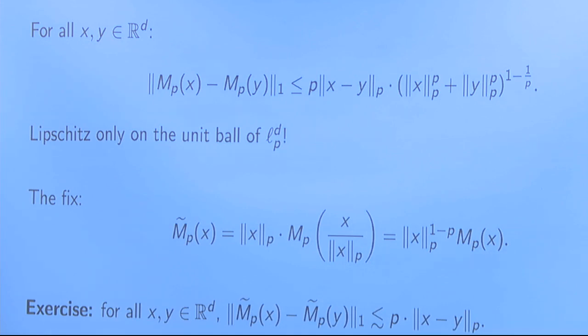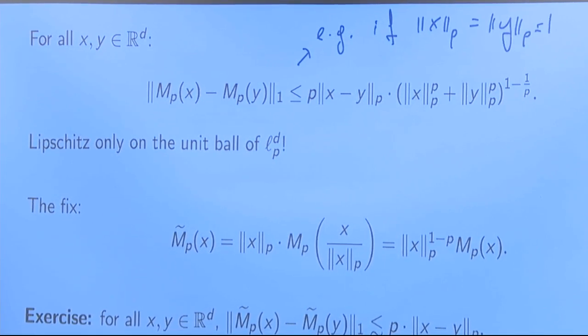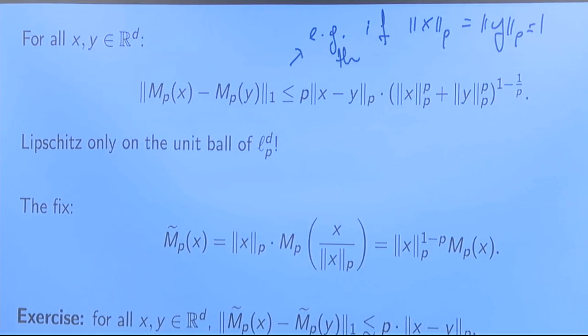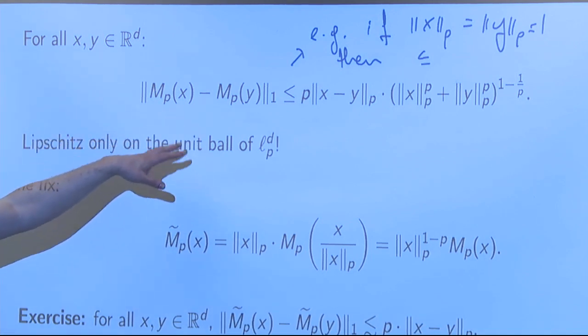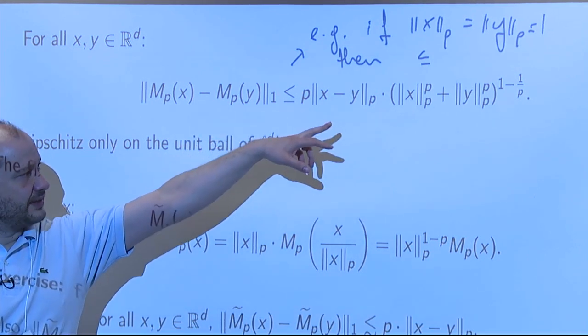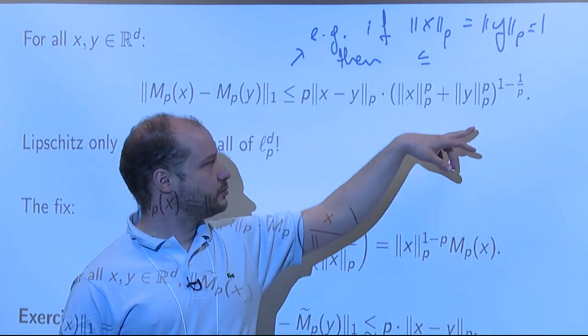So let me do this. For example, if I take two points x and y of LP norm 1, this inequality tells me that after I map them through this function m, the distance between them expands by at most a factor of p times this thing. If they're both 1, this is 1 plus 1 to some power.